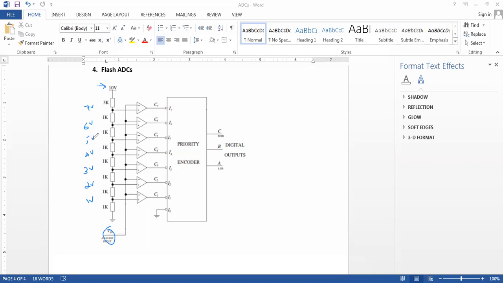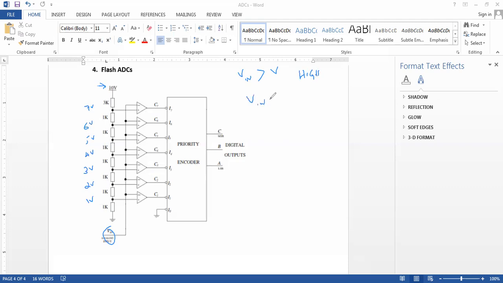And this is what is compared with the analog input Vin. If the analog input Vin is greater than our voltage, then the output of the comparator is going to be high.